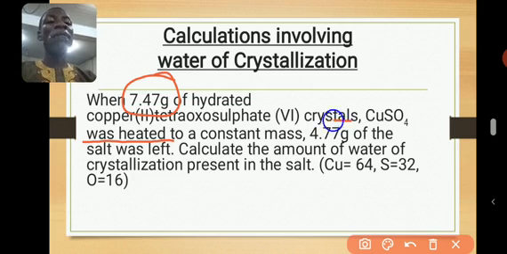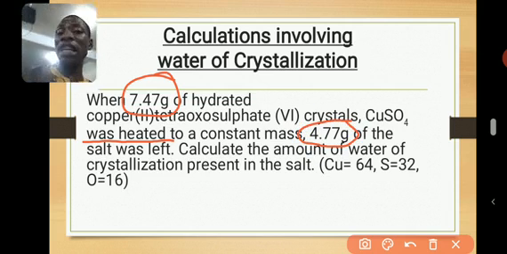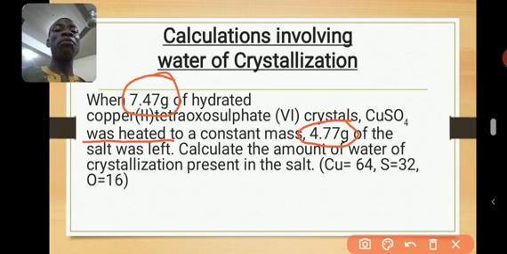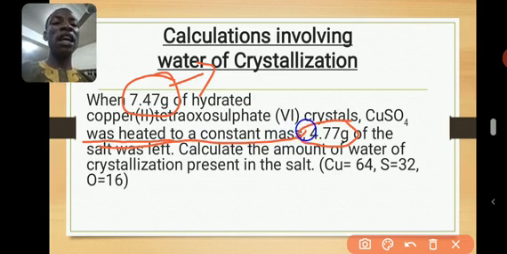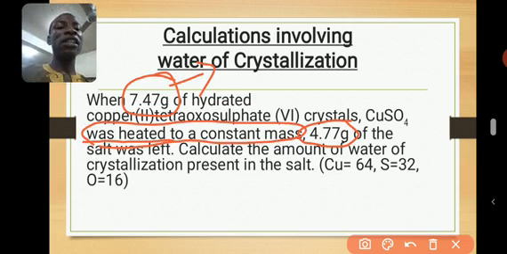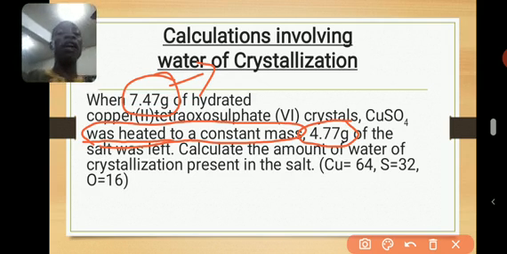Then they say that the mass after heating it became 4.77 grams. Take note of that. Before you heat it, when it is hydrated, the mass is 7.47. But when you heat it to a constant mass, that is when the mass becomes constant, then the mass of the anhydrous salt, the one without water, was 4.77. So can you tell me the mass of water that was driven off?